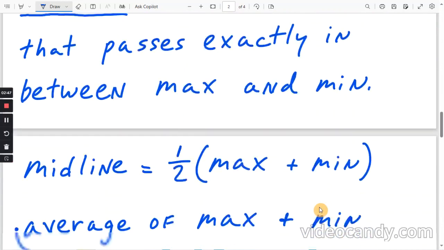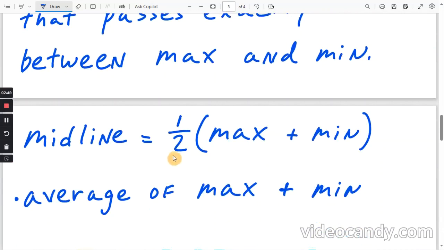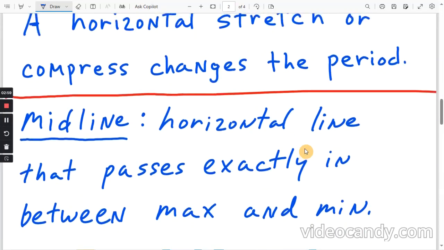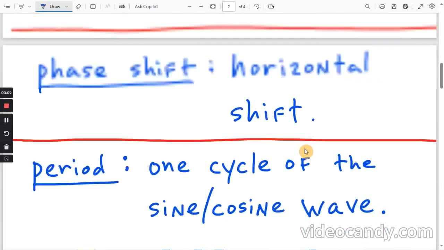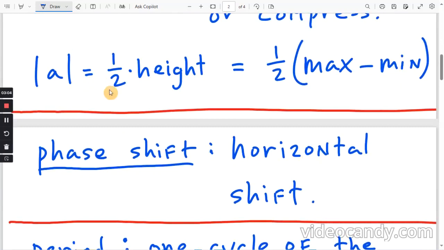The formula for the midline is 1/2 the maximum plus the minimum. In other words, it's the average of the two. So the midline is 1/2 max plus min, and the amplitude is 1/2 max minus min.